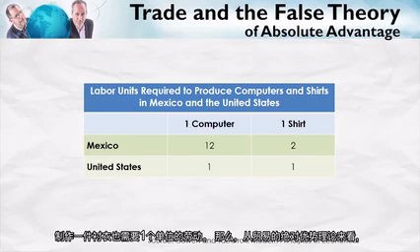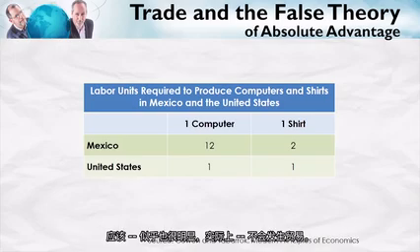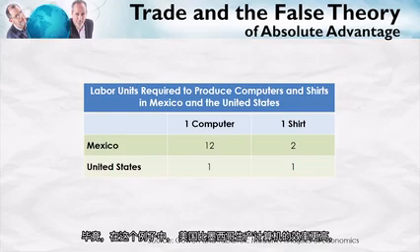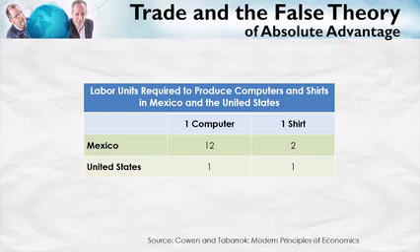Now, from the absolute advantage theory of trade, it may seem obvious that there will be no trade here. It may seem obvious that the United States will outcompete Mexico on all margins. After all, the United States, in this example, is much more productive at producing computers and also more productive at producing shirts than Mexico.